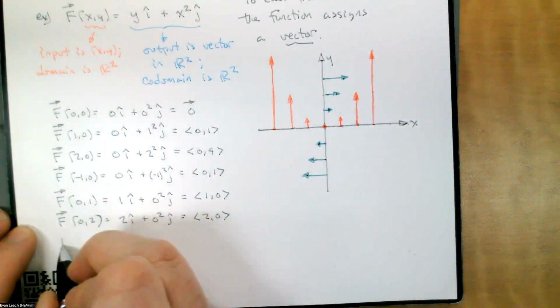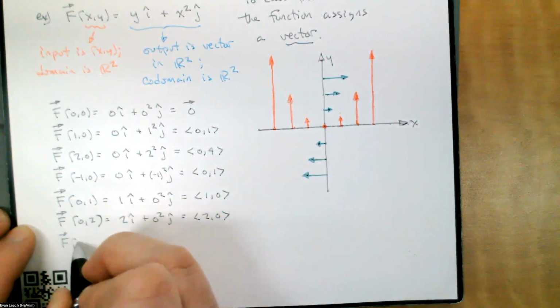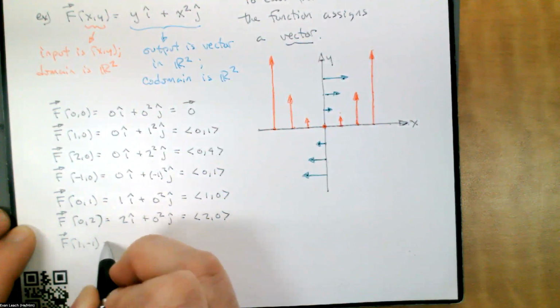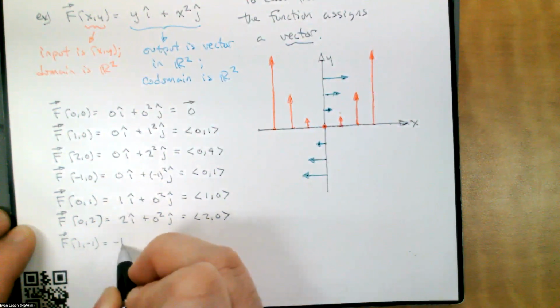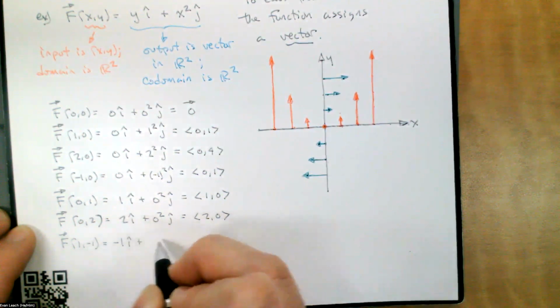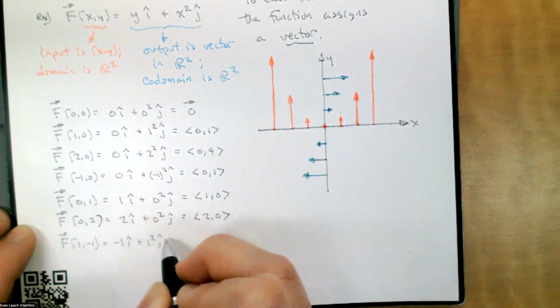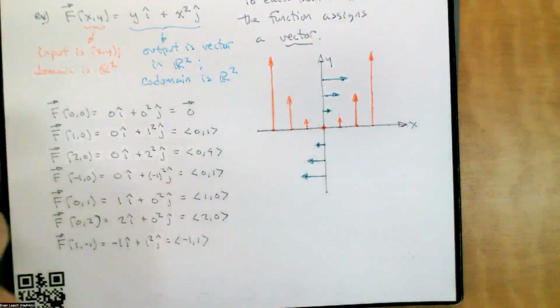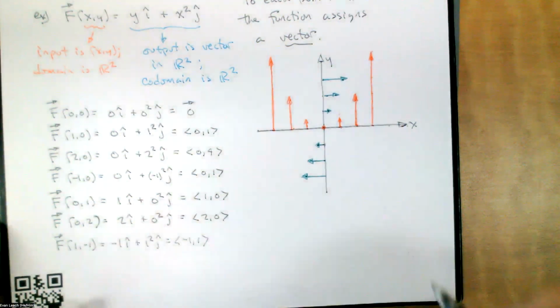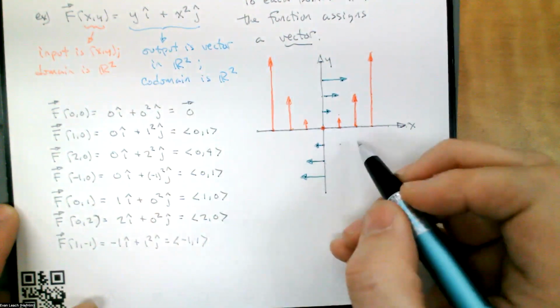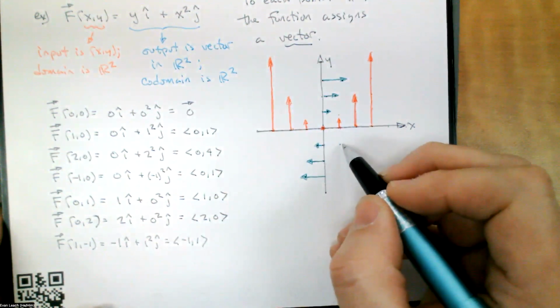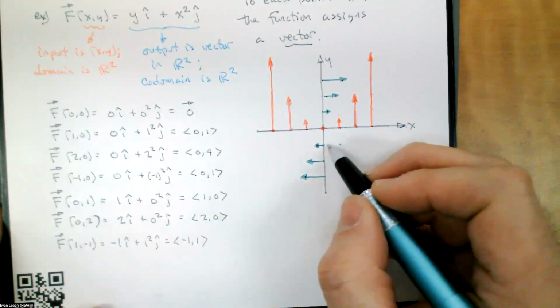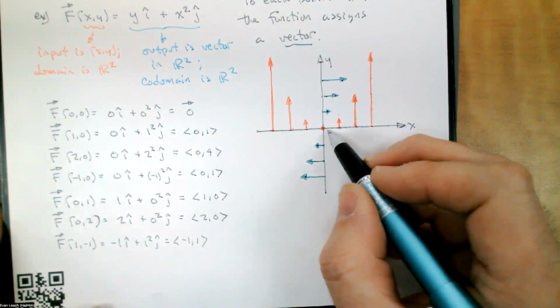Let's try to get an idea of what's going on down here in the fourth quadrant. At the point 1, negative 1, we have negative 1i plus 1 squared j. So negative 1, 1. So down here at the point 1, negative 1, we'll go negative 1 in the x direction and 1 in the y direction.